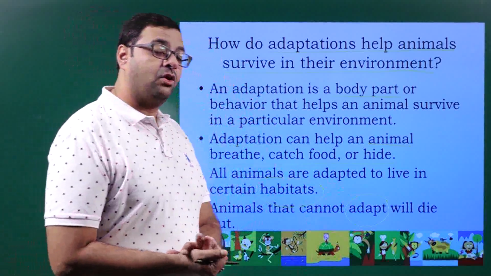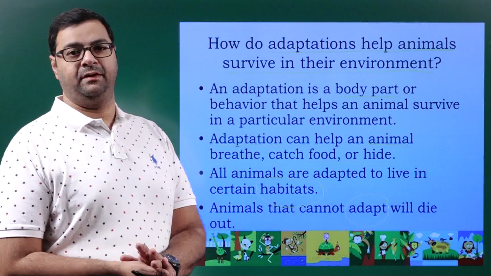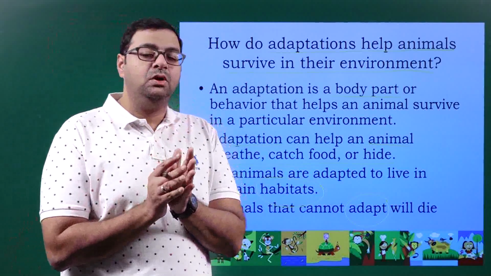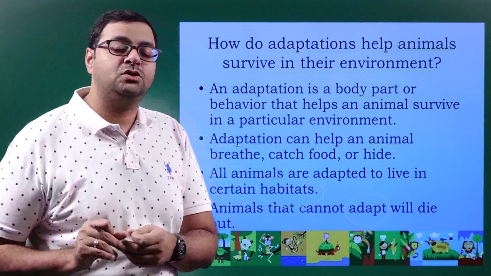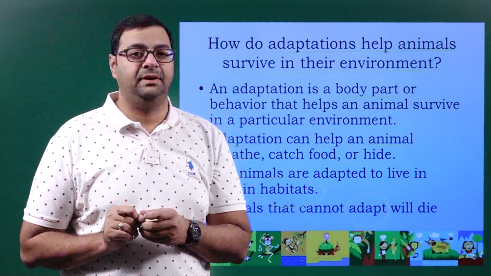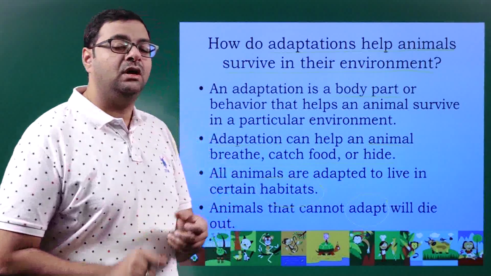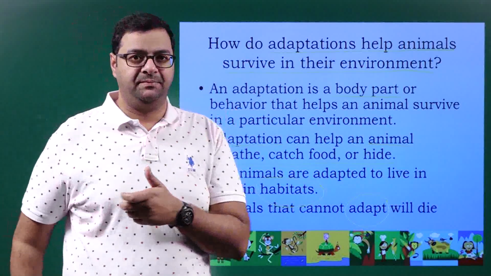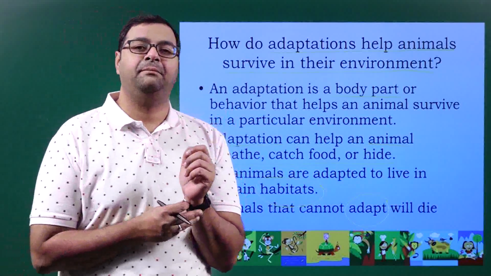But the crocodiles were able to adapt properly. They were able to adapt to the changes in the environment and also the changes in the habitat which they were encountering. So the crocodile survived. Dinosaurs were big and had a very big appetite.